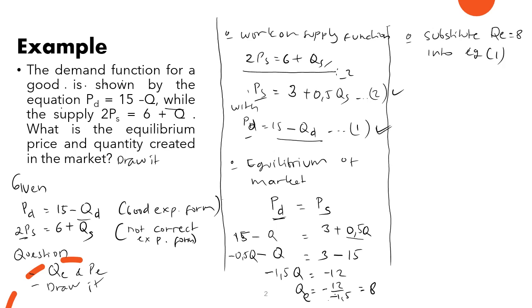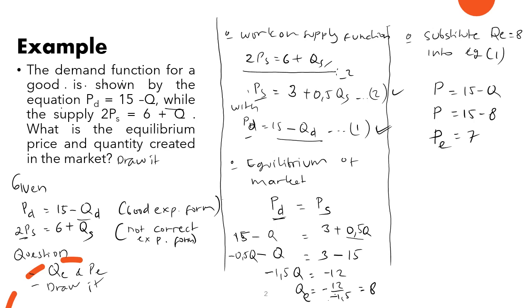P equals 15 minus Q, with QE being 8, so that becomes 15 minus 8, which is 7. Remember, I write it in a good, firm structure, and I also write here P and the final value.